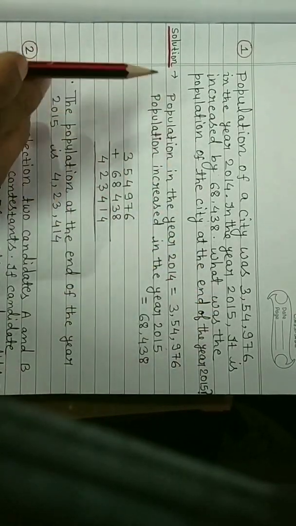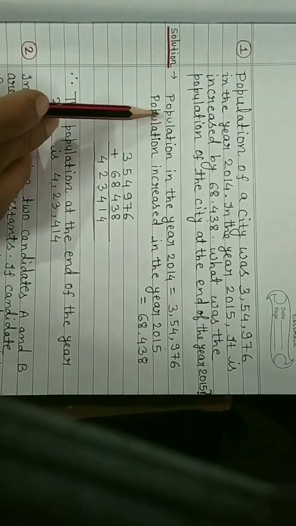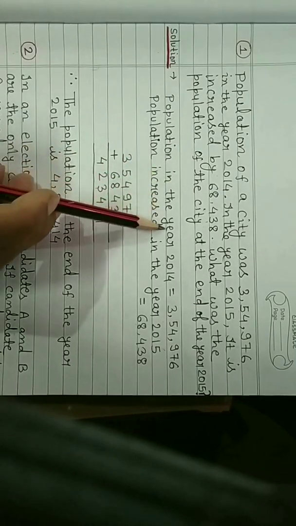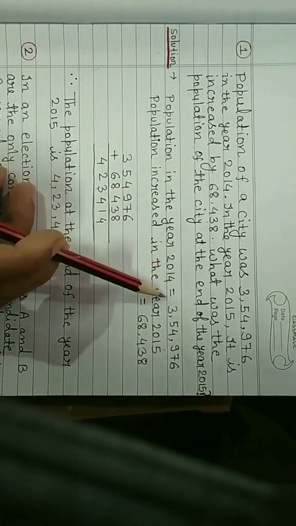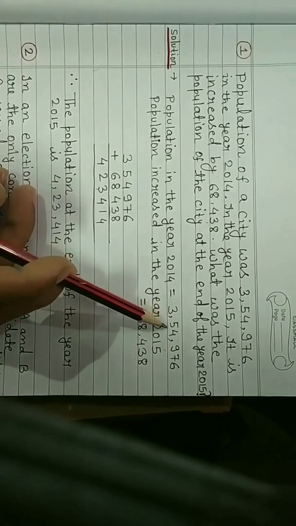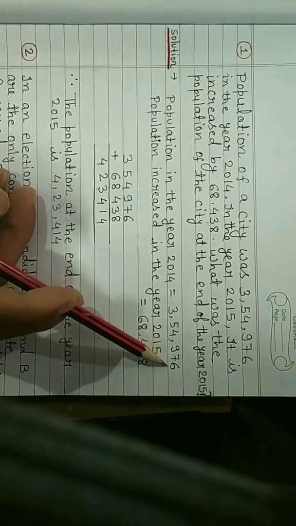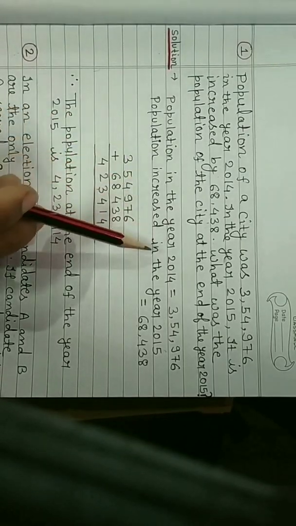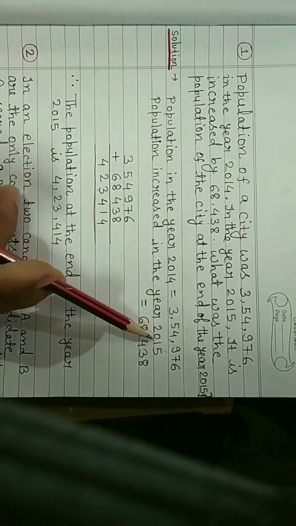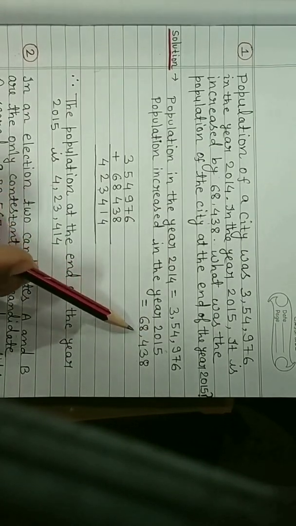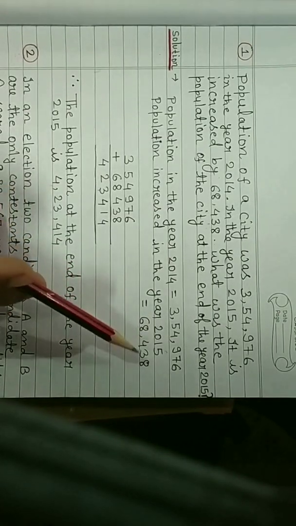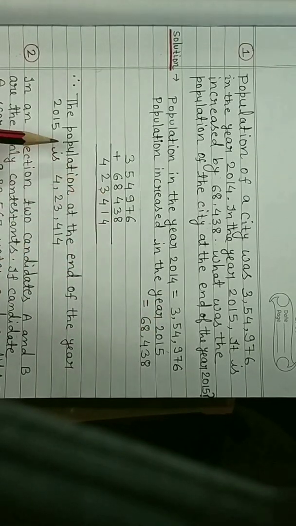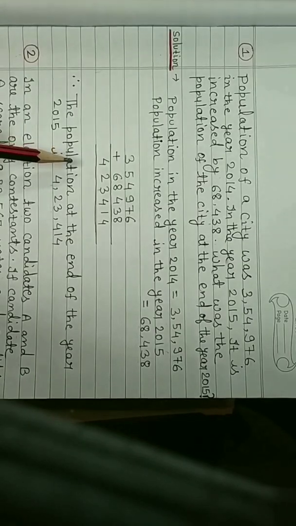Okay, so in the solution I have started here, I have written population in the year 2014 equals 3,54,976, and after that population increased in the year 2015 is 68,438. Now I have added these two numbers here. So you know the addition.